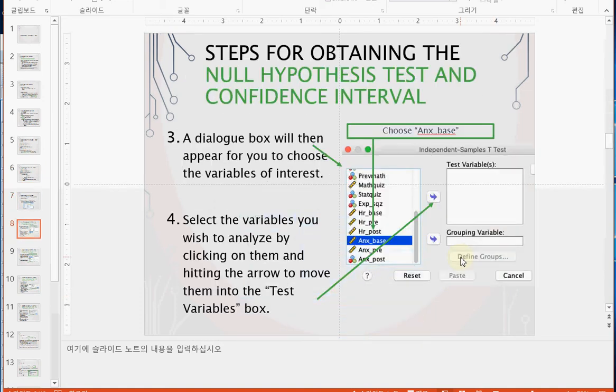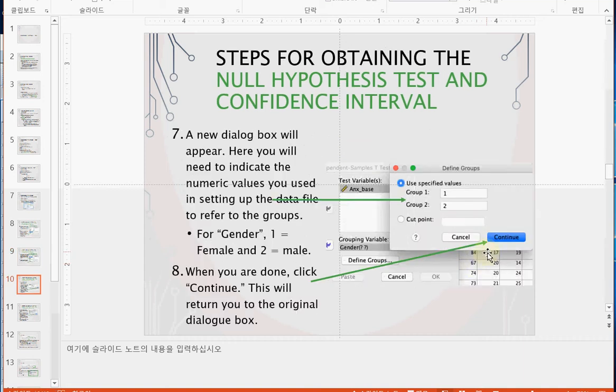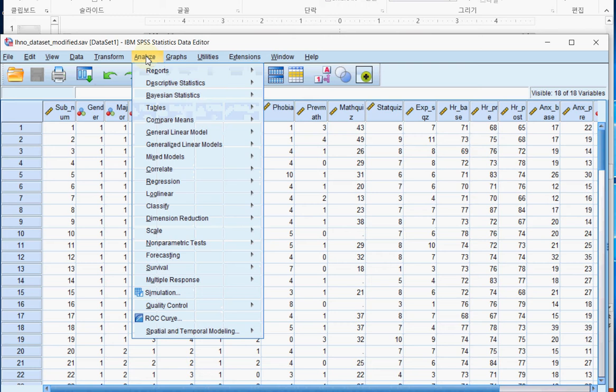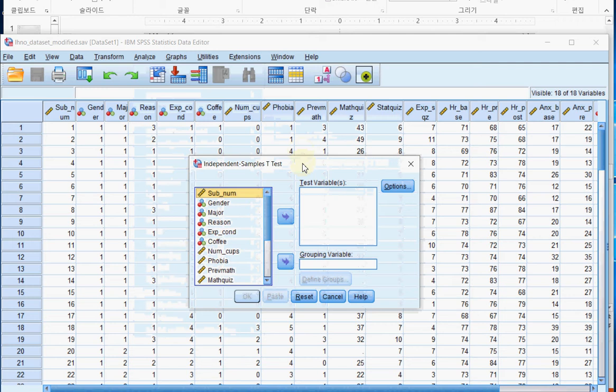Now let's go with the SPSS, using angst base as a dependent variable and gender as independent and also group variable. Let's go for it. Okay. So to analyze, compare means, independent sample test.